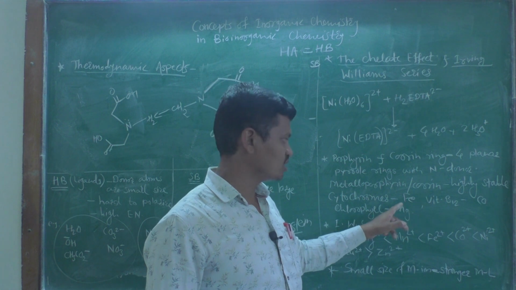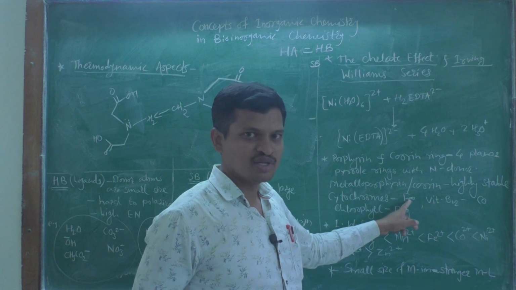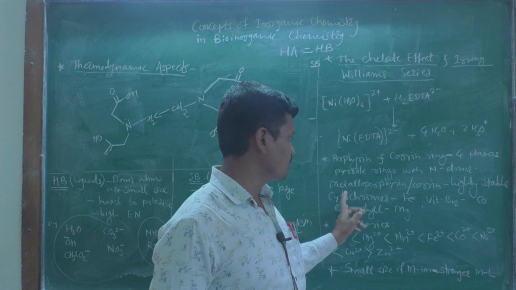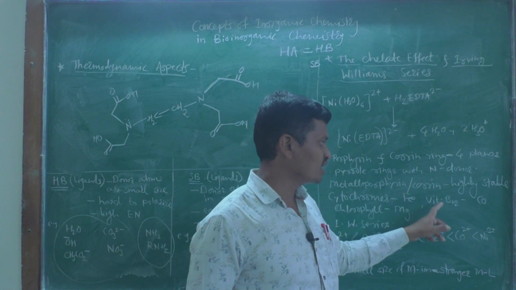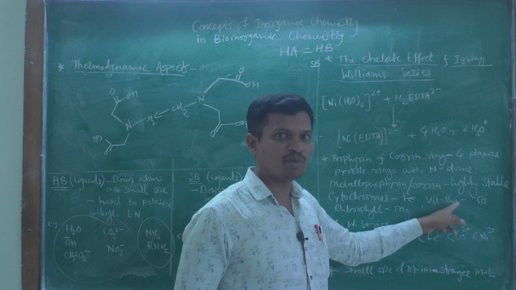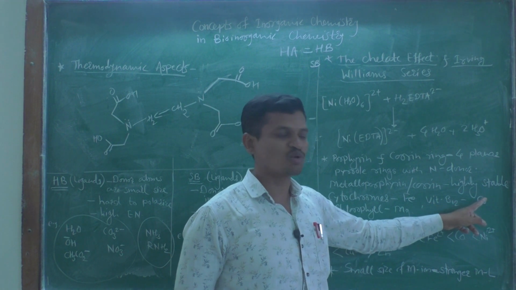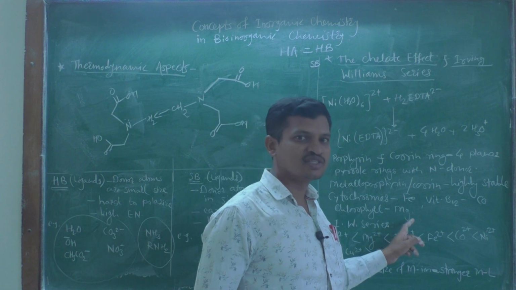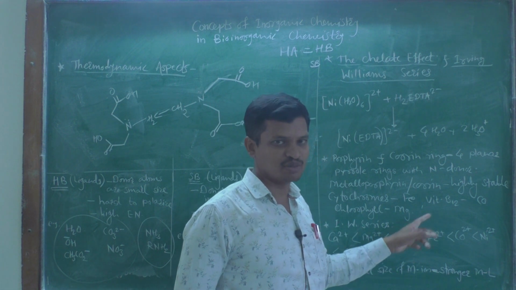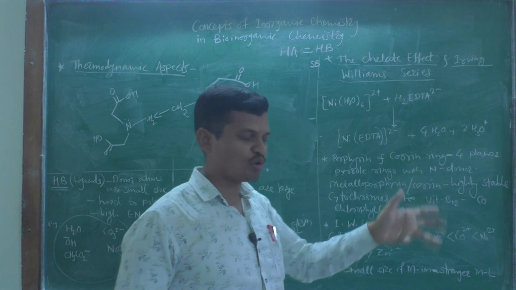Remember these metal atoms, they can be asked in your examination. In cytochromes, the iron is present in the central portion. In vitamin B12, that is cyanocobalamin, the central metal ion is cobalt. In chlorophyll, the central metal ion is magnesium in the chlorin or porphyrin ring.